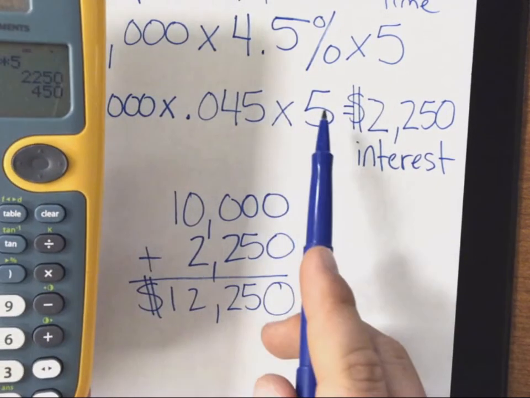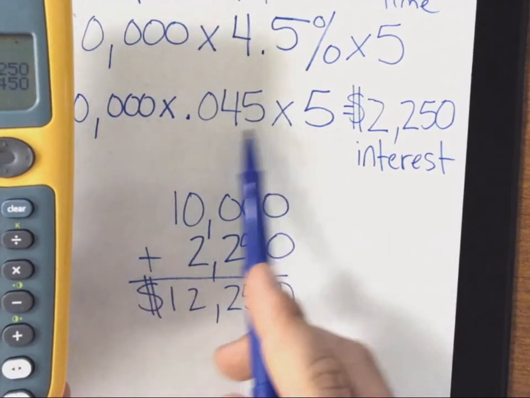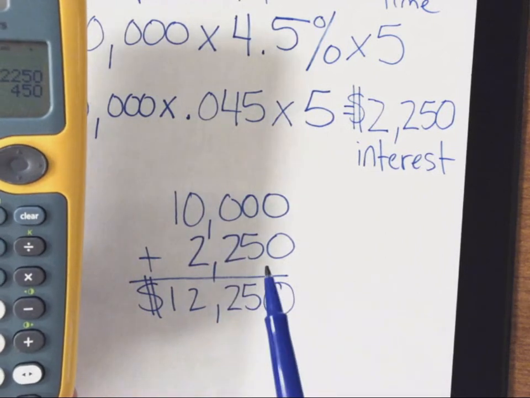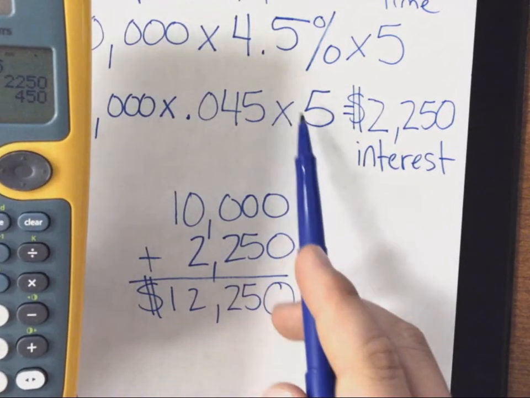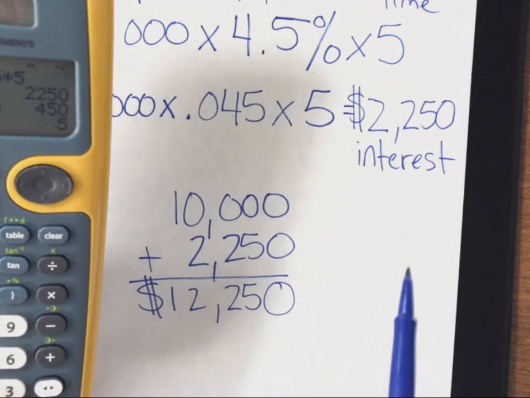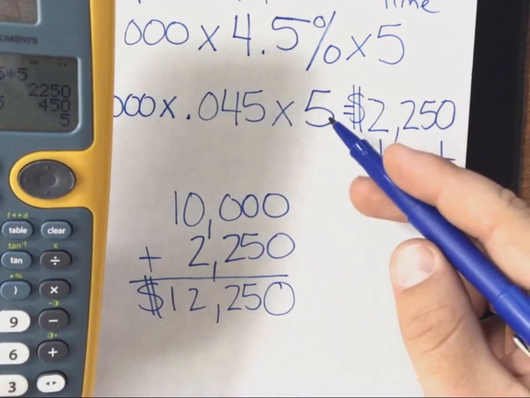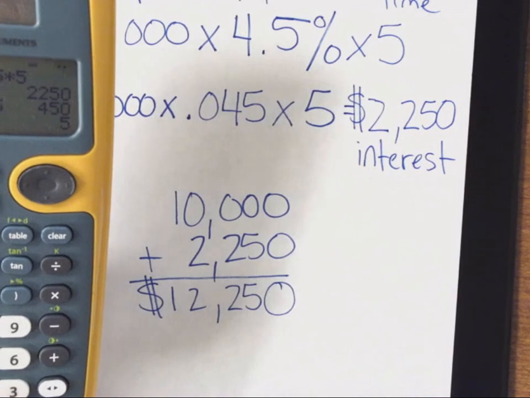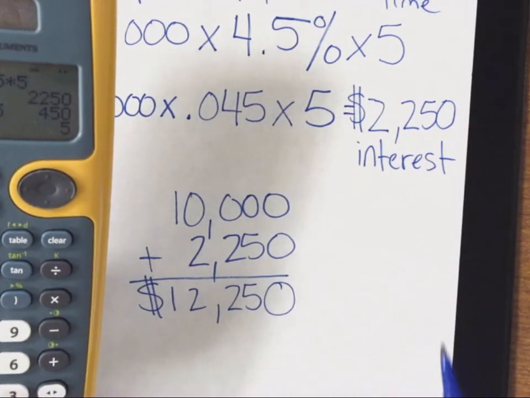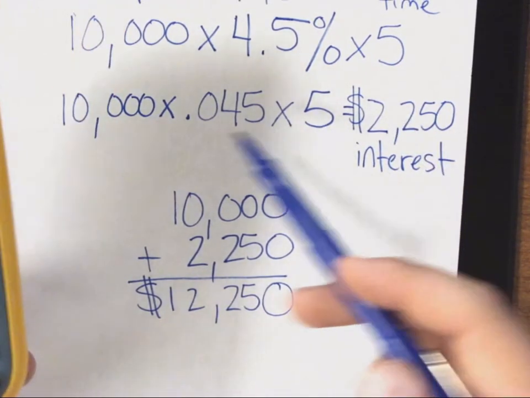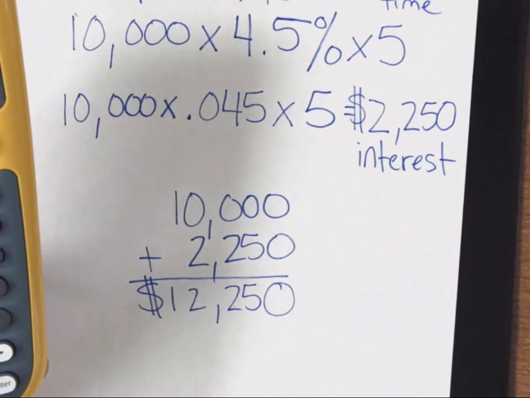Because if this was x, we would divide by whatever is over here to get x by itself, and it would come out to x equals 5. It would tell you that the years was 5. So just know that we can always work backwards if given the interest to solve for an unknown amount.